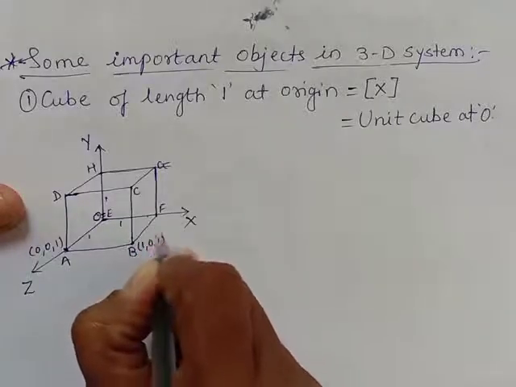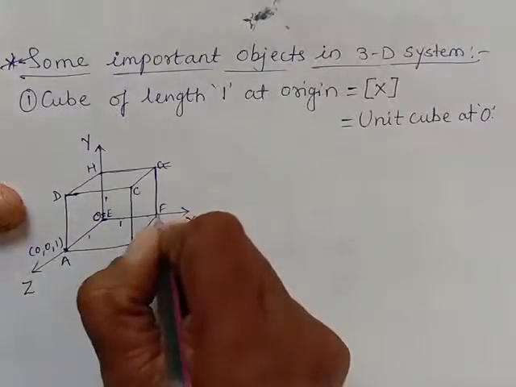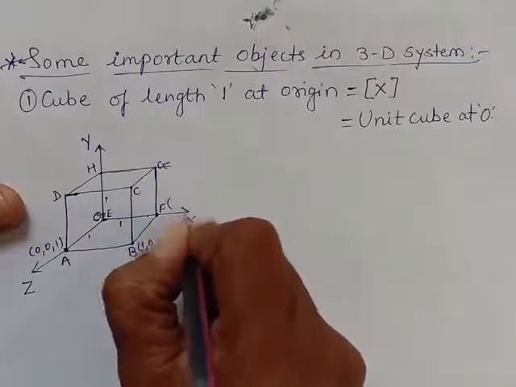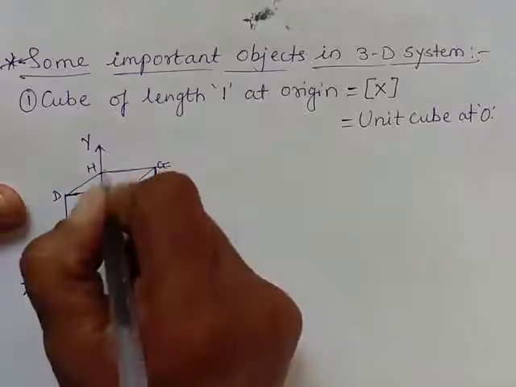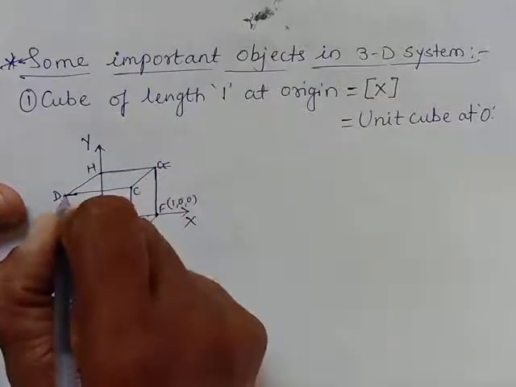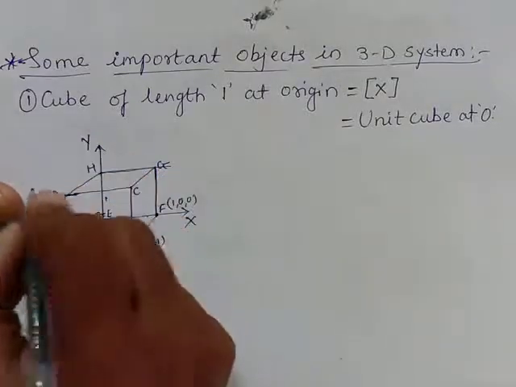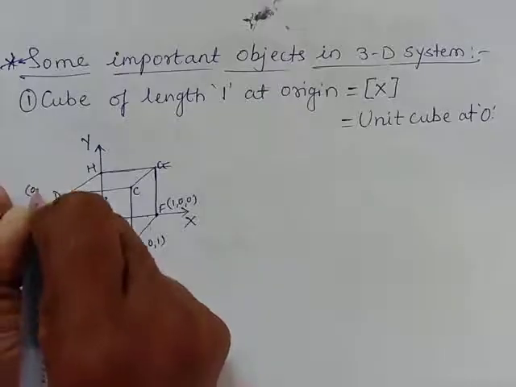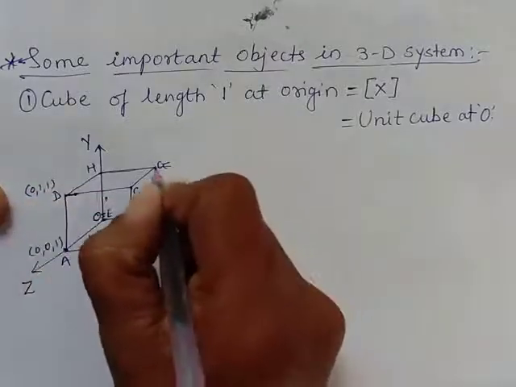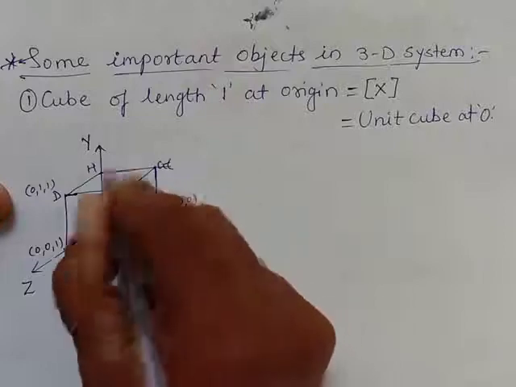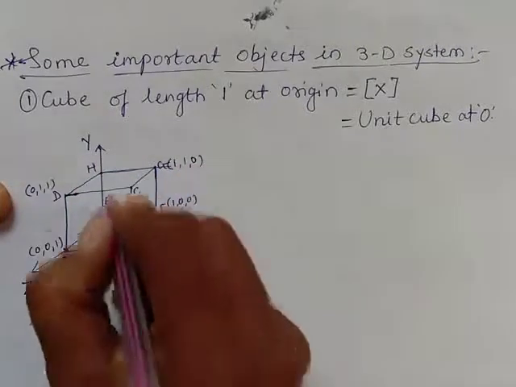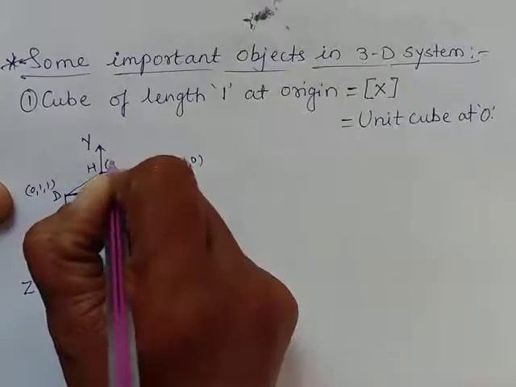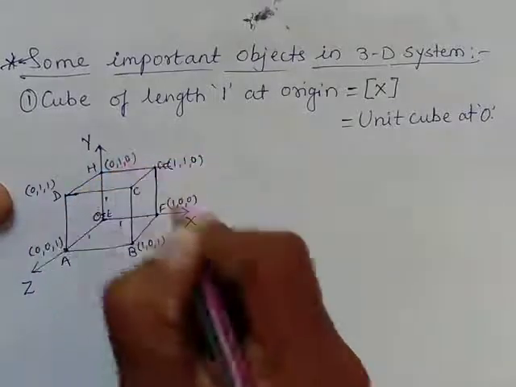What about F? It is on the x-axis, so 1, 0, 0. Again D is on which plane? YZ plane, so x is 0, and y and z are 1, 1. G is on which plane? XY plane, so 1, 1, 0. What about H? H is on the y-axis, so 0, 1, 0, right?